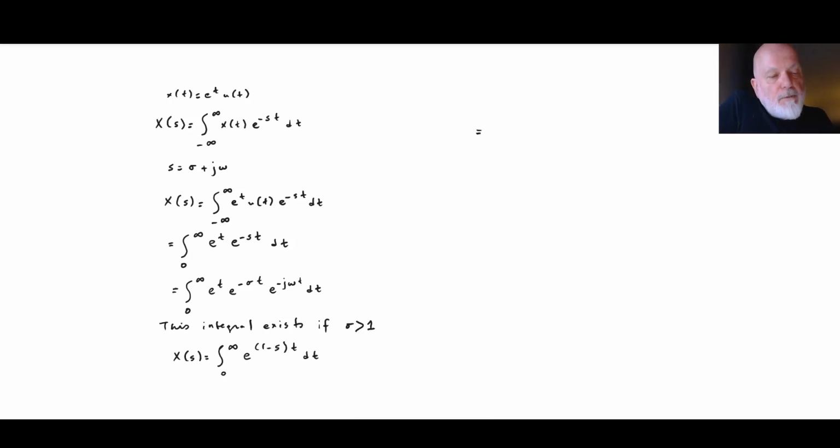So the result of this integral is 1 over 1 minus s, e to the 1 minus s t, evaluated at 0 and infinity. Okay?